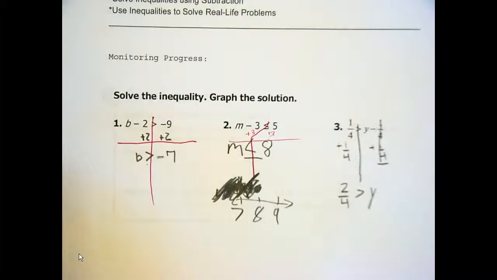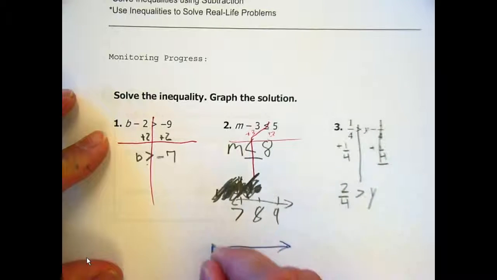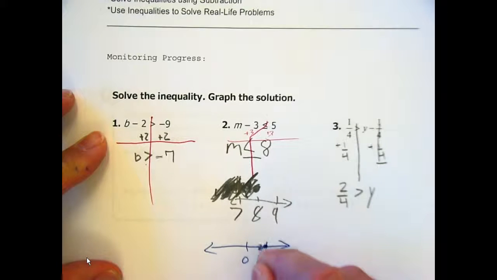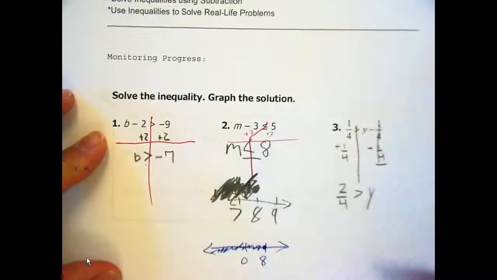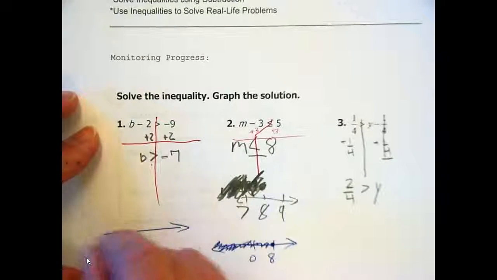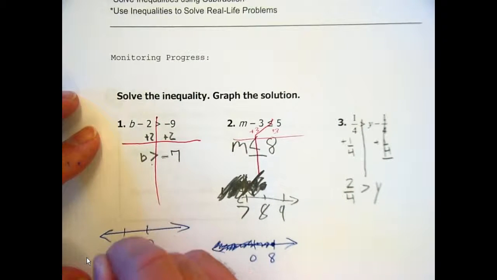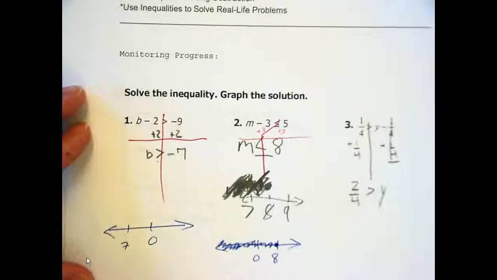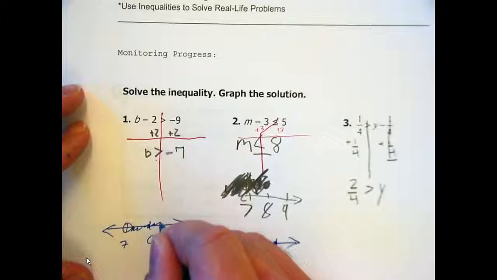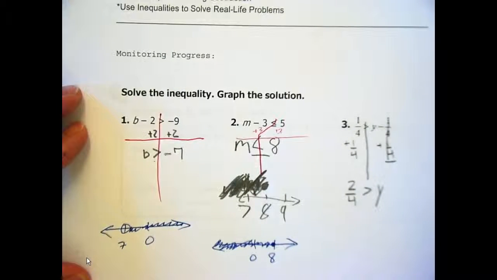I think we should get a little neater with the graphing, but at least you put a graph. So when you're graphing, you put 0, you put 8, dot, and shade. For this one, we should have put 0 and -7. Is it open or closed?